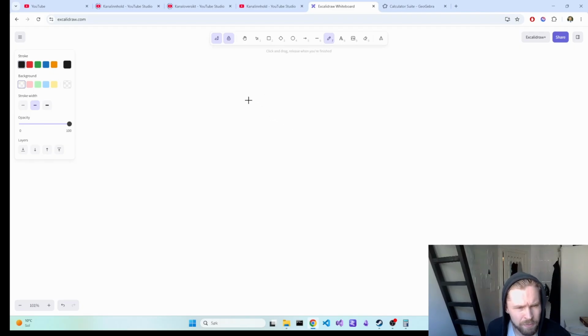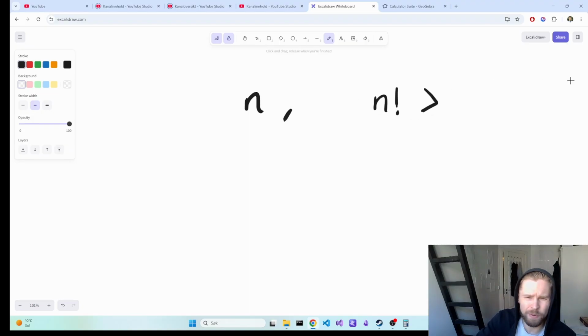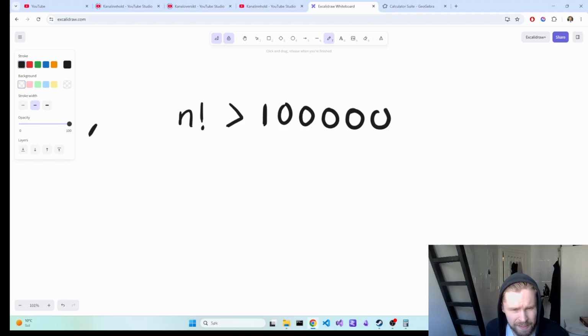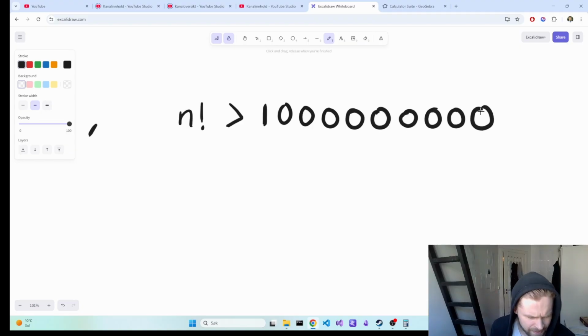Anyway, I'm trying to look for an n, right? Such that n factorial will be larger, it's gonna have 10 digits, right? So 1, 2, 3, 4, 5, 6, 7, 8, 9, 10.